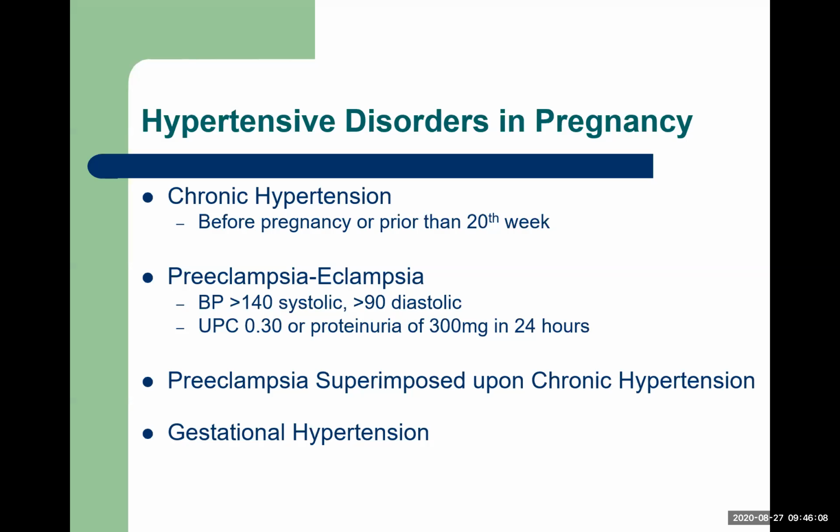If a patient just has pure hypertension alone with no other abnormalities, no other symptoms, and it develops after the 20th week of pregnancy, then these are gestational hypertensives, but it's important to remember that these patients have a very increased risk of becoming preeclamptics. So we have to manage them as well very carefully and monitor them very closely.